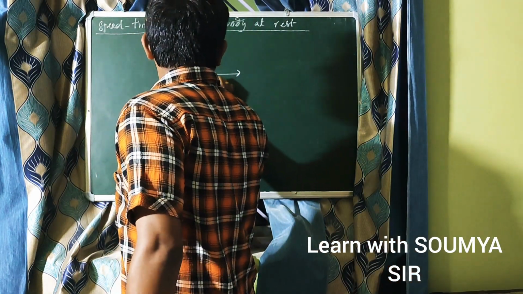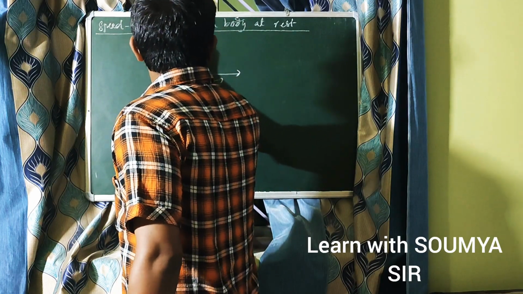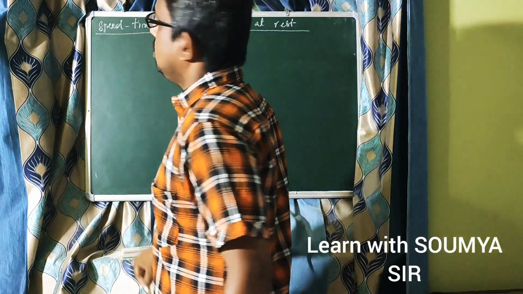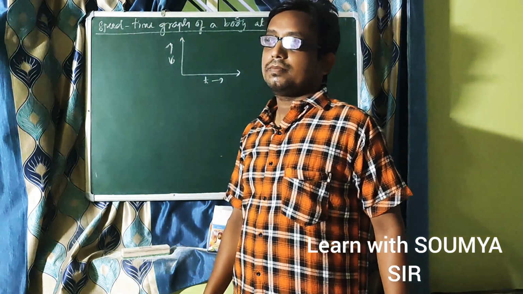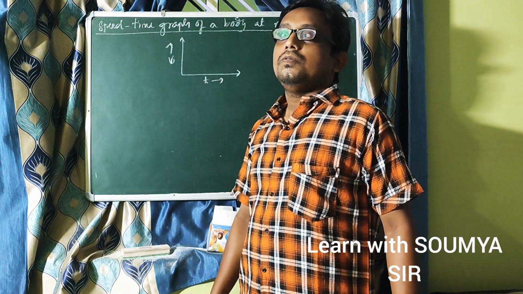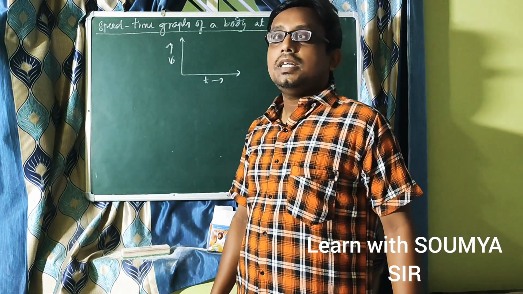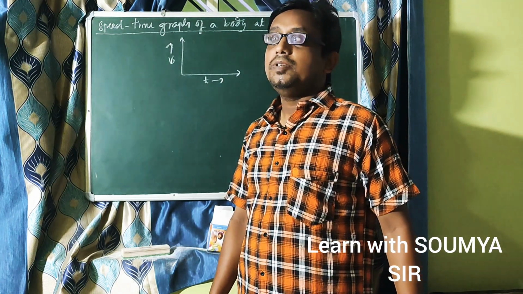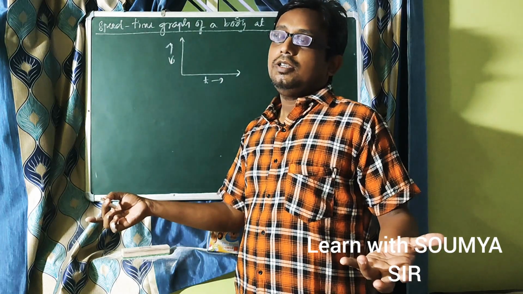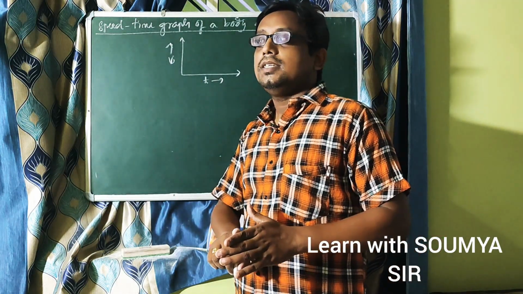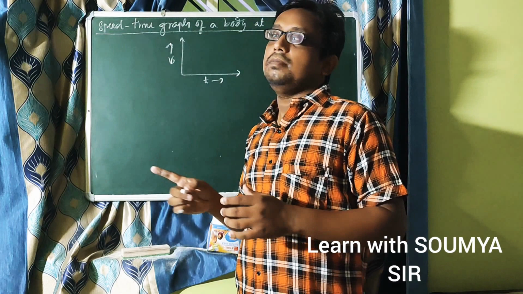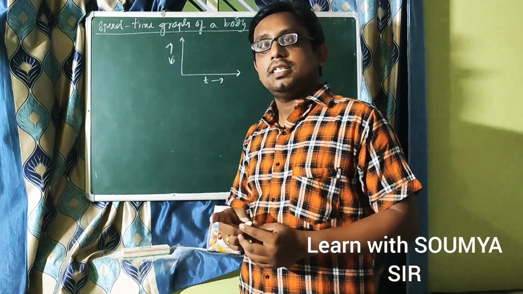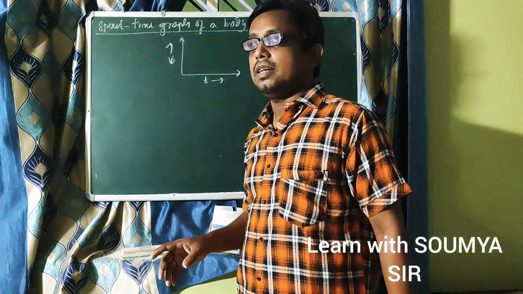This is the time, this is the speed V. Now see here. When the body is at rest, can we find the speed of the body? No. So in this case, we cannot draw the speed time graph, but we may draw the velocity time graph. We will read that in the next class or higher classes.